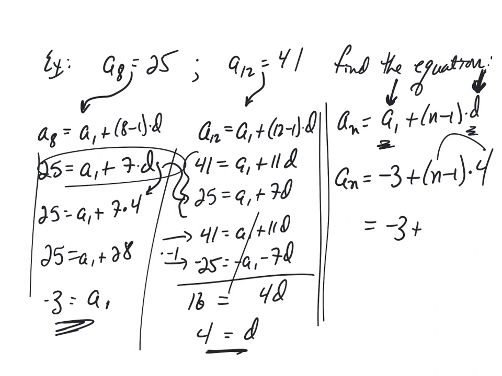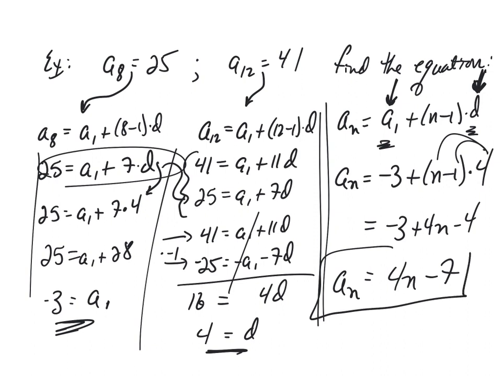Distribute a 4 times n, 4 times -1. What we'd get then is a sub n is equal to 4n minus 7. And again, we have a formula, or an equation, for an arithmetic sequence, which would give me the 8th term being 25 and the 12th term being 41.